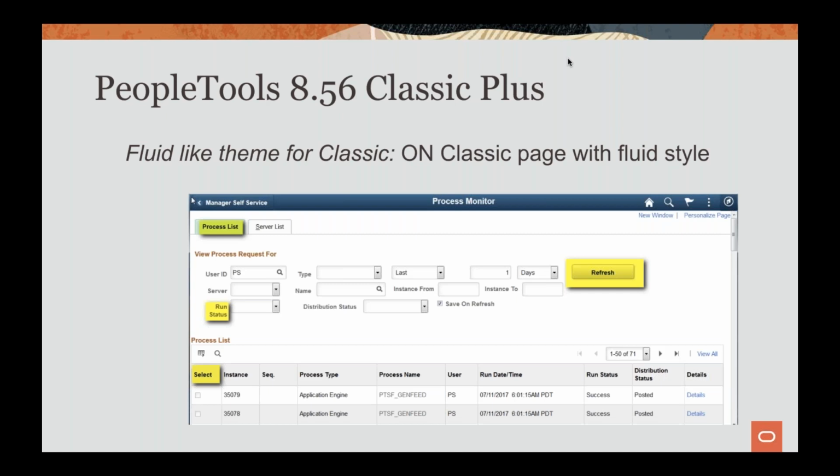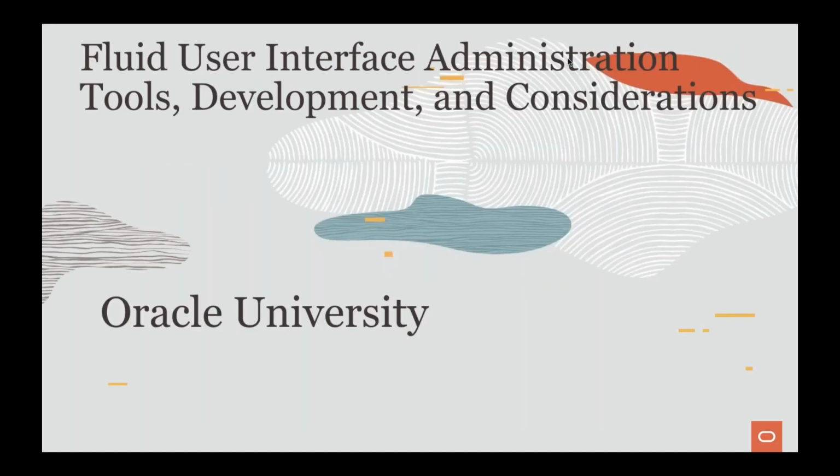The fields can be moved to different places. They don't always have to be in this grid format. The fields are more rounded. The buttons are more streamlined. The process list is a bit more like what you're used to seeing in other applications. So it's by no means fully Fluid, but it's, like I say, a halfway house to get you there.